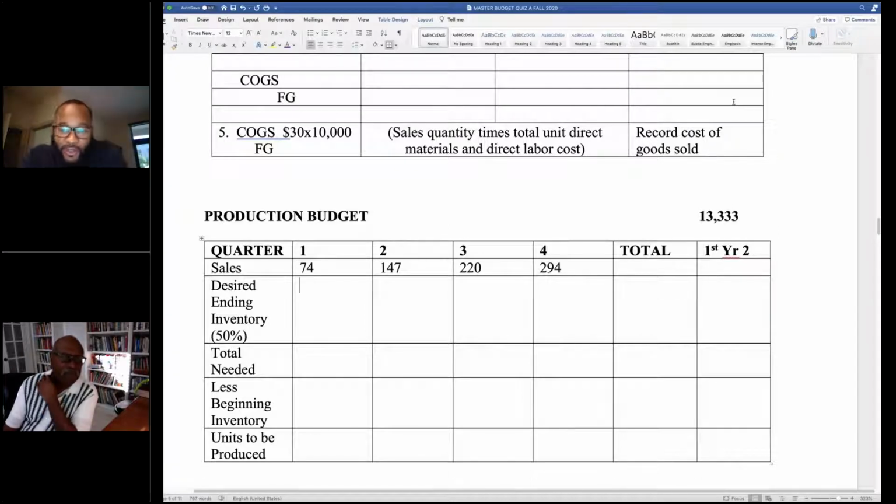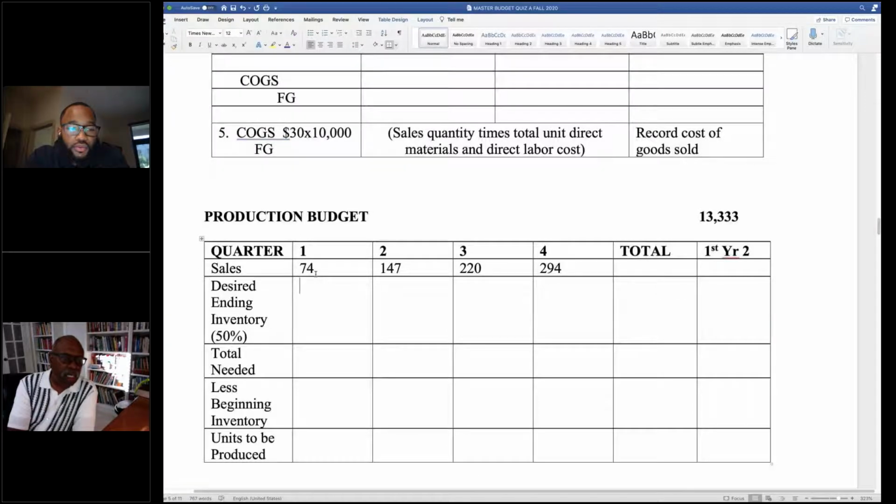Well, we're going to use the information from the first one, right? On quarter one, we were trying to lose 100,000. No, you don't have to worry about that. You have 74 that you're selling in quarter one, and 147 in quarter two.